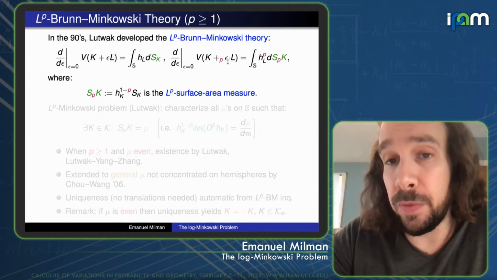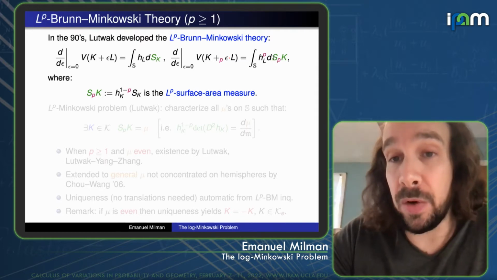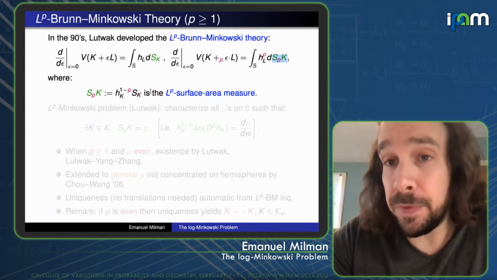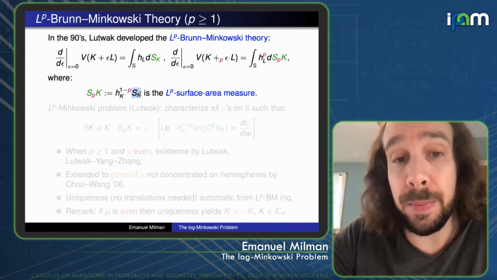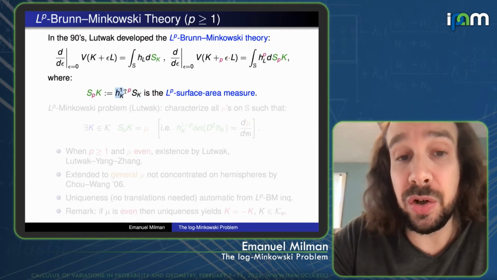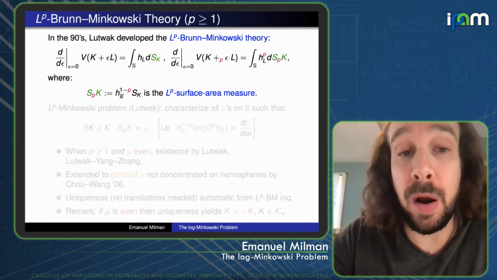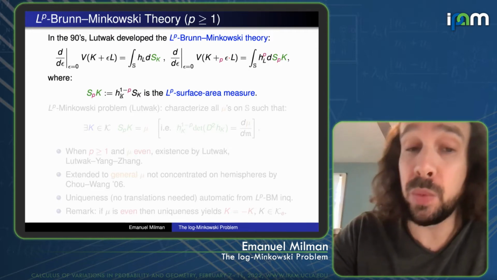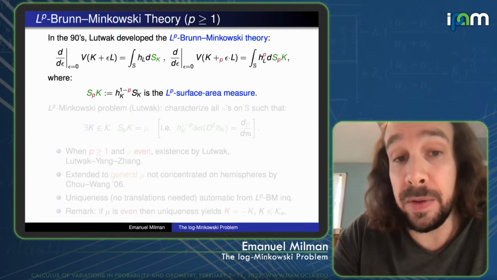And if you perform the calculation, you will see that this is governed by this measure, which he called the Lp surface area measure, and I denote this by S_p(K). And if you make the calculation, you will see that this is nothing else but the usual surface area measure times an additional term here, which is given by the support function raised to the power of 1 minus p. And indeed, when you set p equals 1, this corresponds to the classical case, you get back the usual surface area measure.